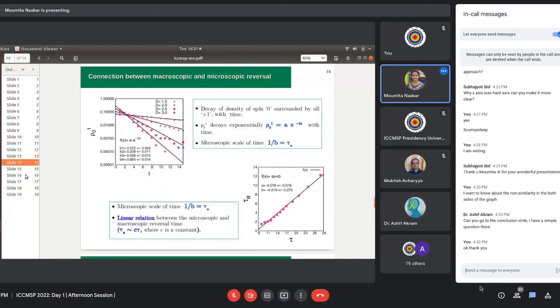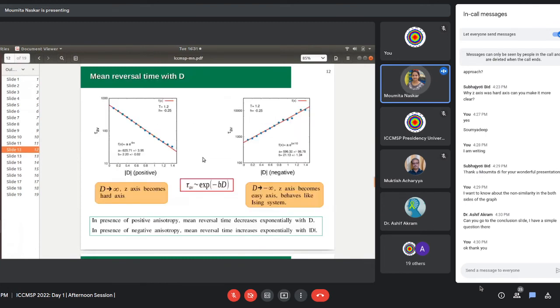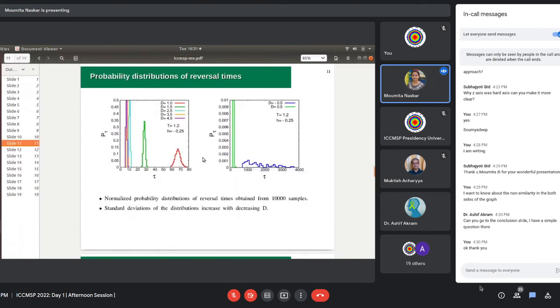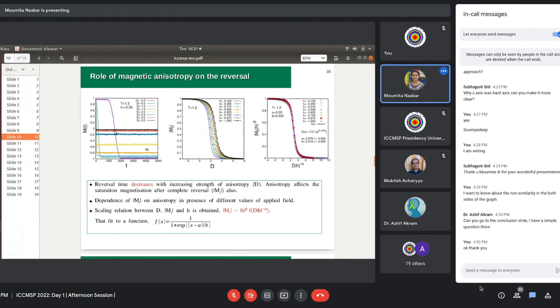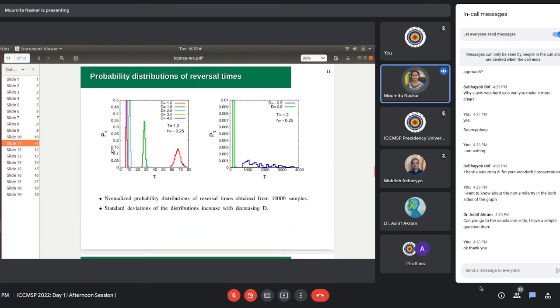Here in this slide, I talked about it. The macroscopic reversal time is what I initially told you about. This is for a single sample, the reversal time, and this one is for D minus 0.5. Now, when we take 10,000 different samples, we have such a statistical distribution of these reversal times, and that's why we have taken the mean of such reversal times.